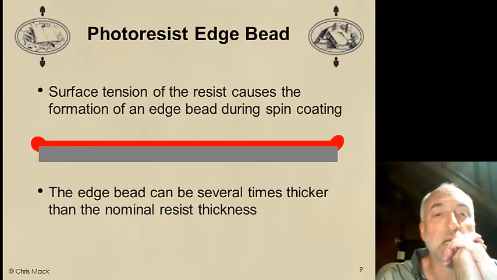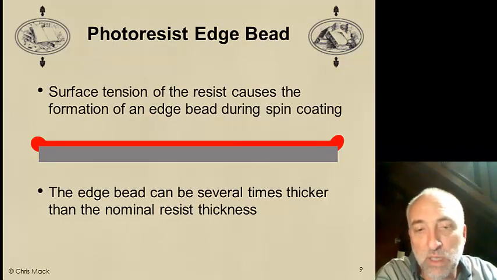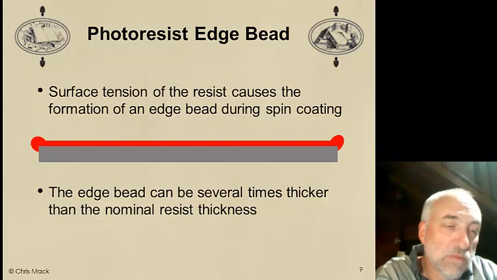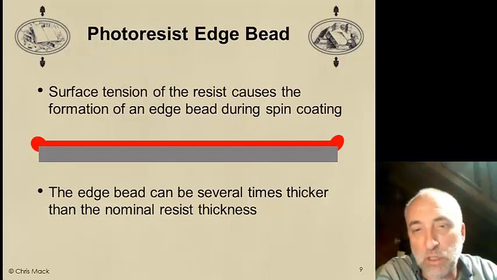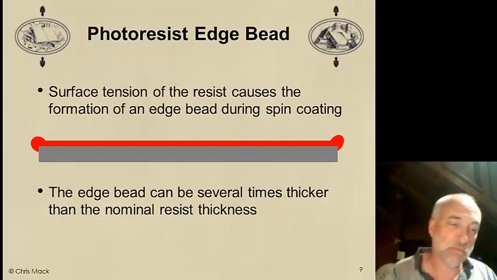There is another phenomenon that is important to mention here going on in this spin coating process, and that's called the edge bead. First, though, let's ask ourselves the question, how uniform can this film be? I mean, if you think about it, I'm pouring resist onto a wafer and then spinning it.